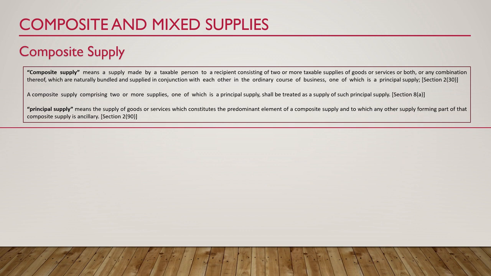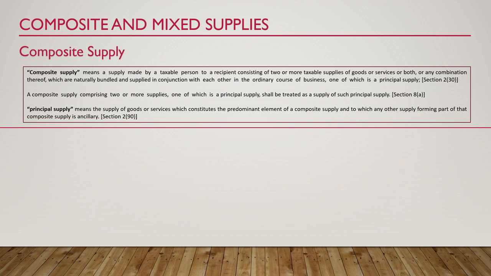So my intention was to buy the TV, which is the predominant element in this composite supply. The manufacturer's intention also is not to sell the warranty, it is to sell the TV. Ancillary or incidental to that, he provides me a warranty. He cannot individually just give me the warranty. Without the TV, the warranty doesn't make sense. His intention is to increase the sale of his TV by giving a warranty.